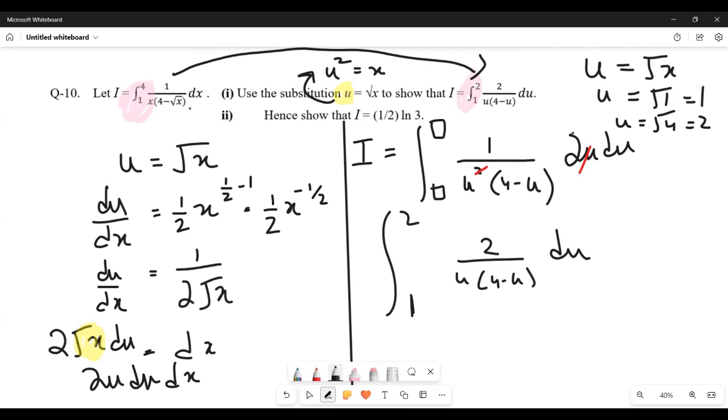Part 2 says, hence show that I equals half ln 3, which means now we integrate it.